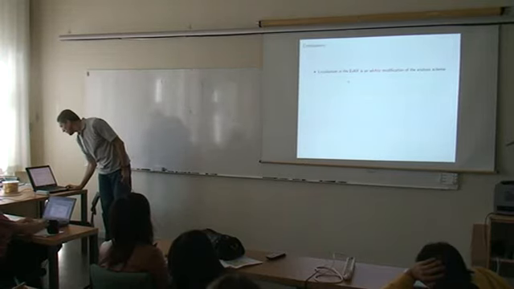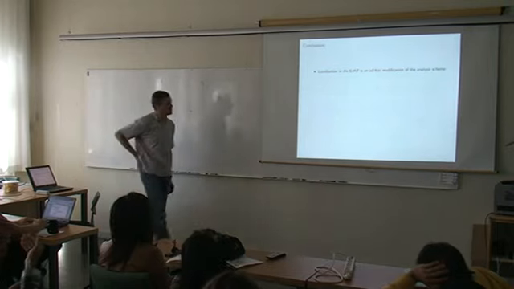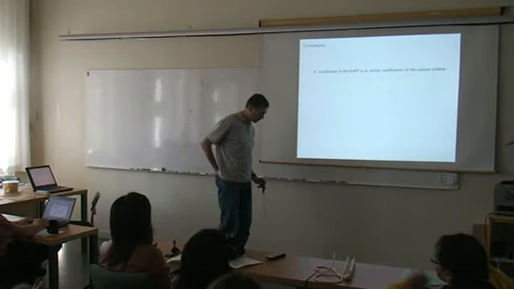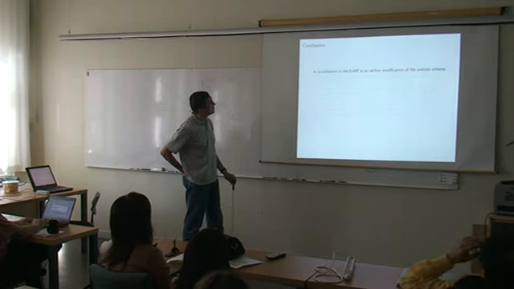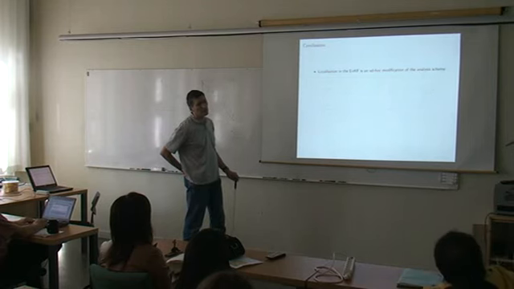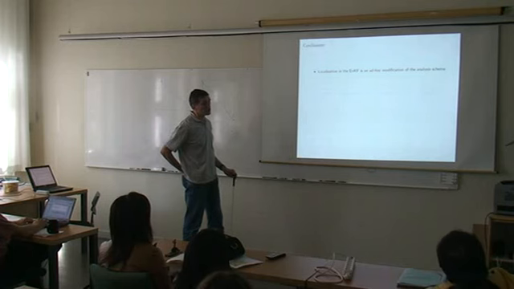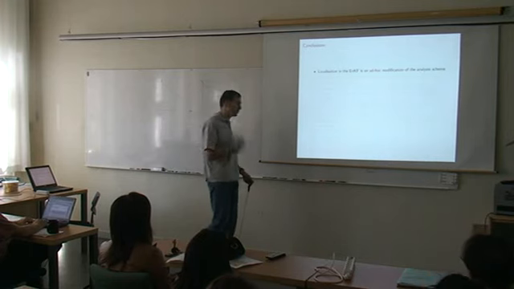So, the conclusions on localization overall. That's what you should remember from this talk. Localization in the EnKF is an ad hoc modification of the analysis scheme. Even when localized, we continue to use the update equations from the Kalman filter.